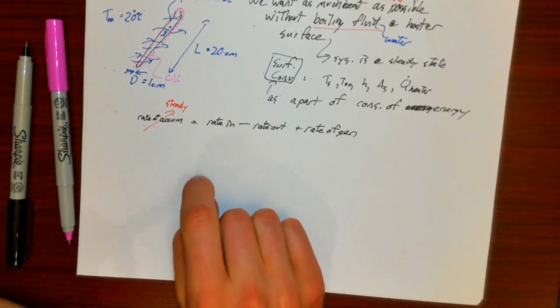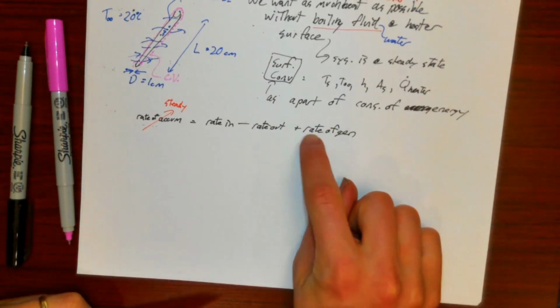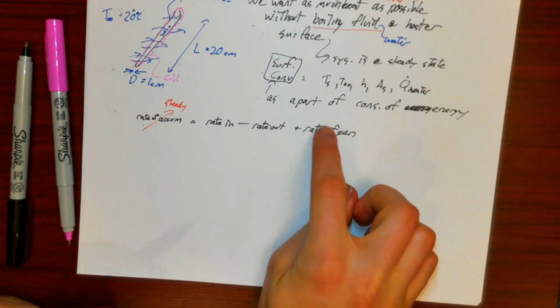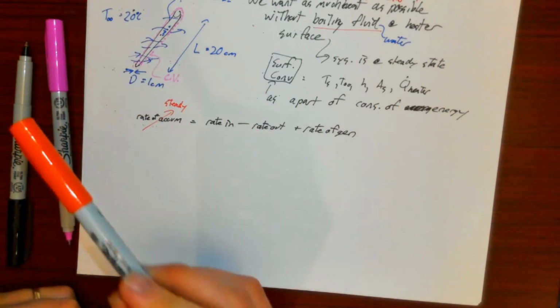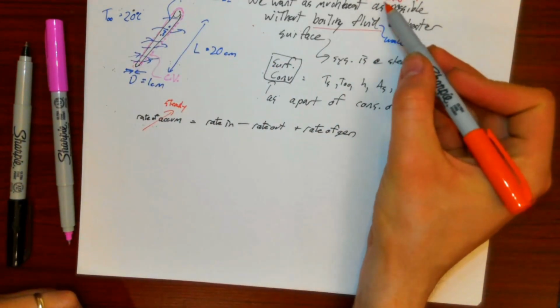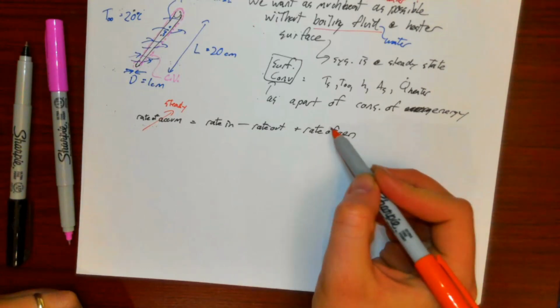Then what other terms might appear? Well, when we talked about generation terms, it's like that volumetric heat generation that often occurs with chemical reactions or electrical heaters. So I'm going to take my Q heater and put that in my rate of generation term.